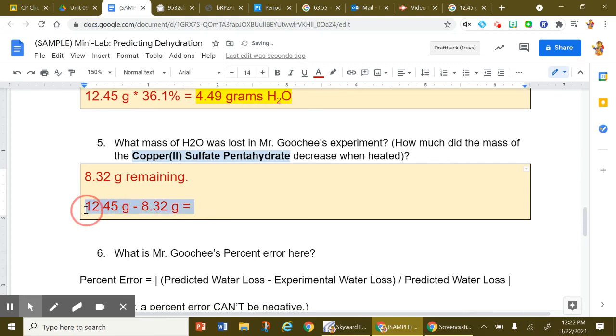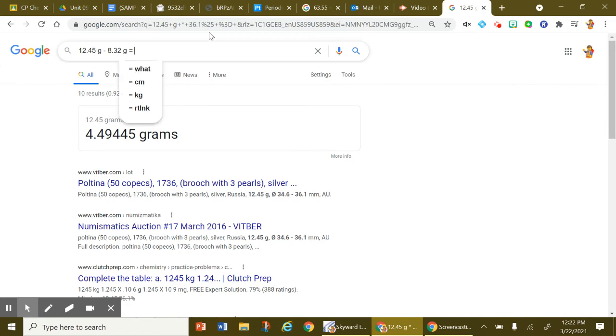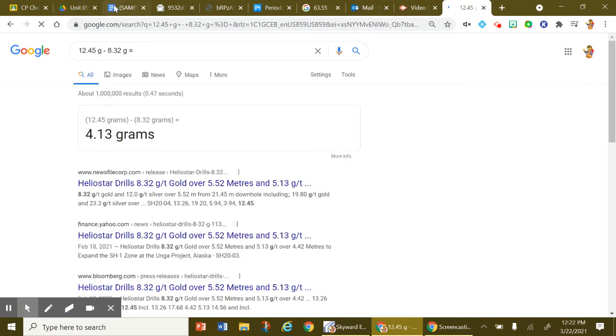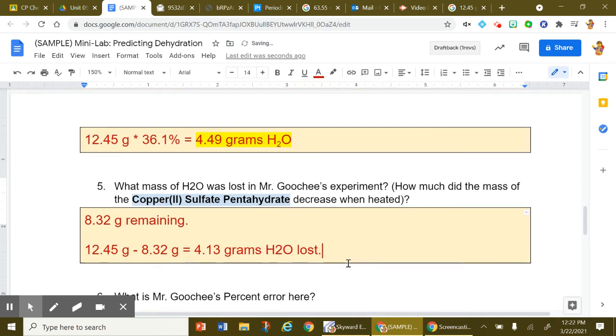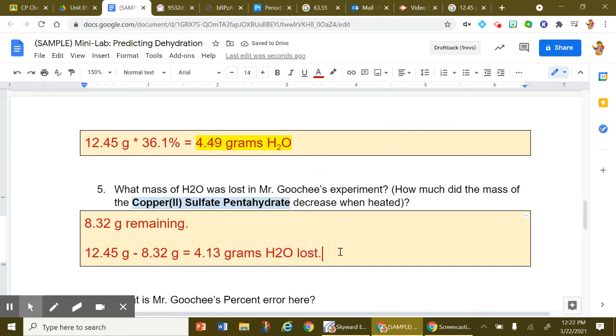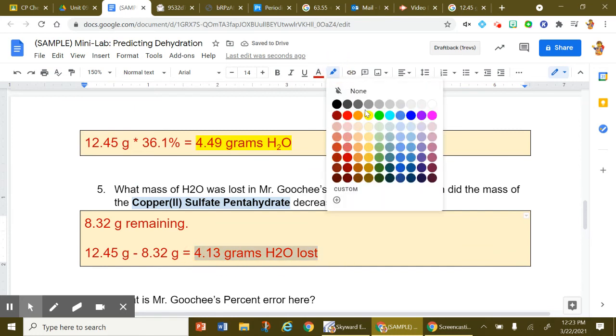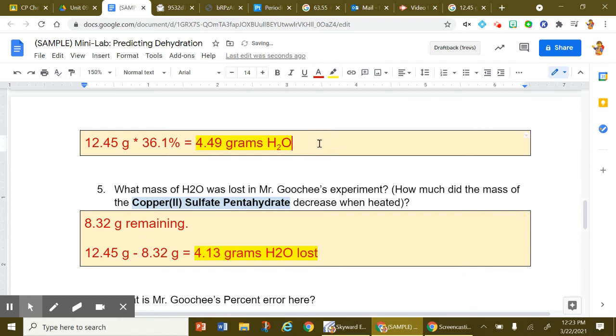So what we lost here was 4.13 grams of H2O. Now look, I predicted, based on my calculations, that we should be able to remove 4.49 grams of H2O. When I tried to run the experiment, I was only able to remove 4.13 grams of H2O.